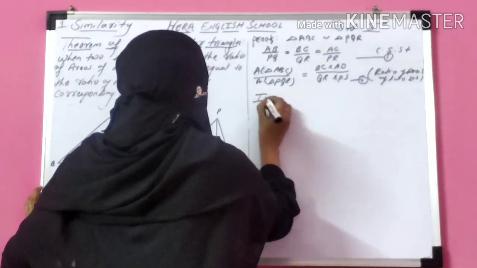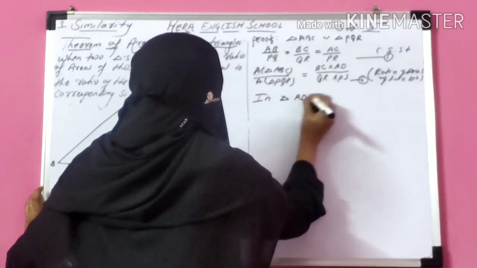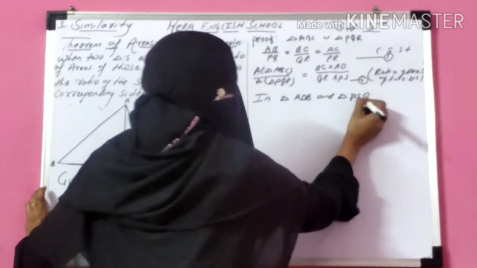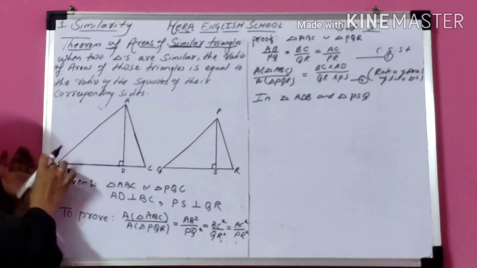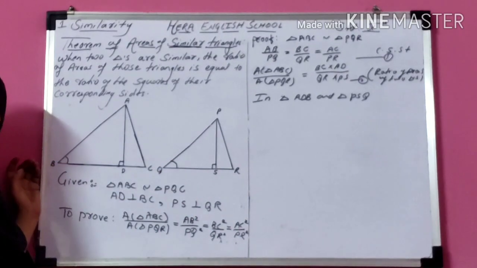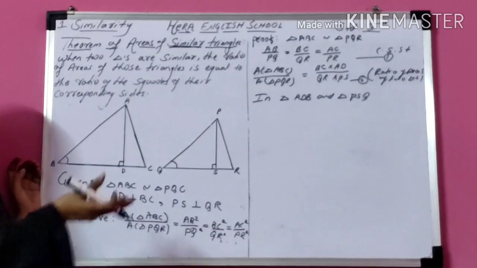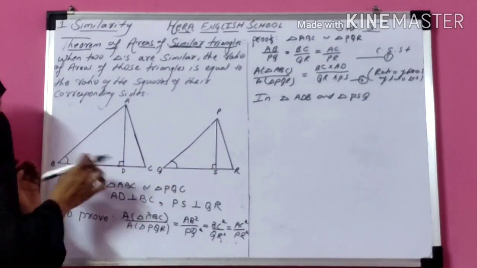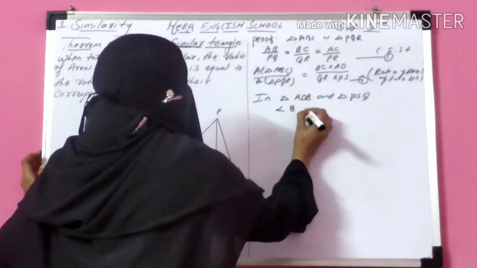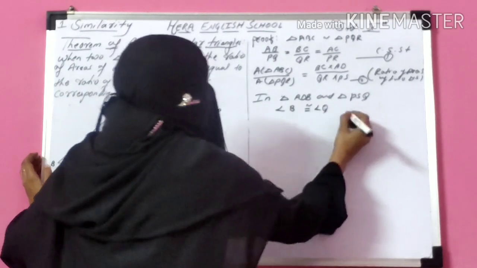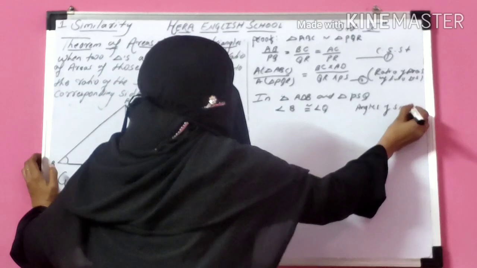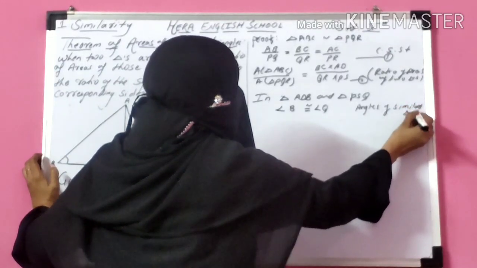Let's start. In triangle ADB and triangle PSQ, angle B is congruent to angle Q. Why? Because these two are angles of similar triangles. These two triangles are already similar, so angles of similar triangles are also congruent.